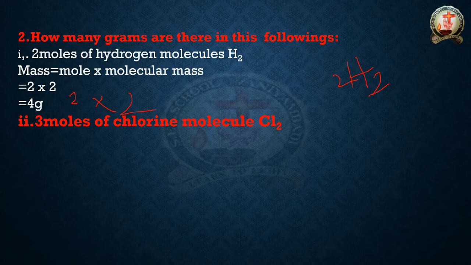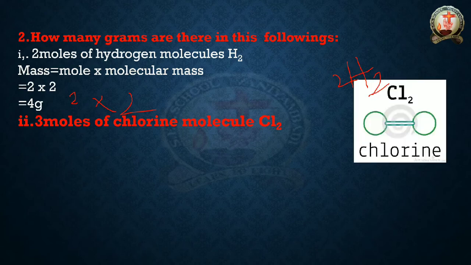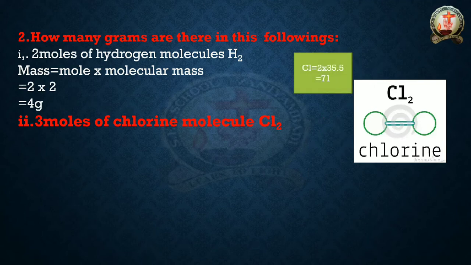Chlorine is one of the diatomic molecules. You see the structure, so you can calculate it. You know this atomic weight is 35.5. So Cl2 is nothing but two of these added together. So 2 atoms of chlorine into the atomic weight, the molecular weight of the compound is equal to 71.